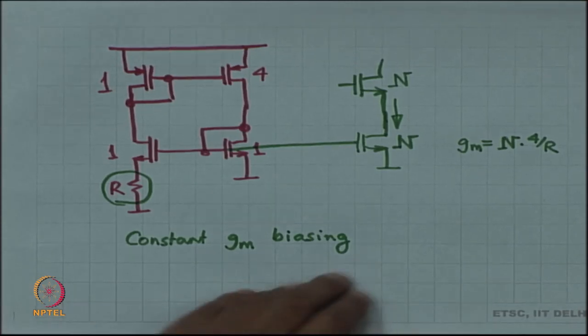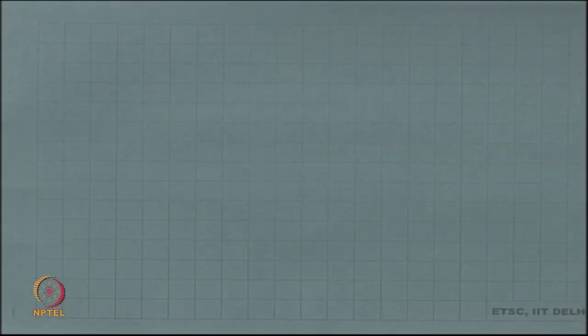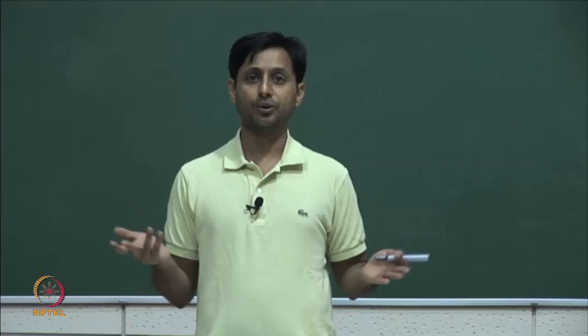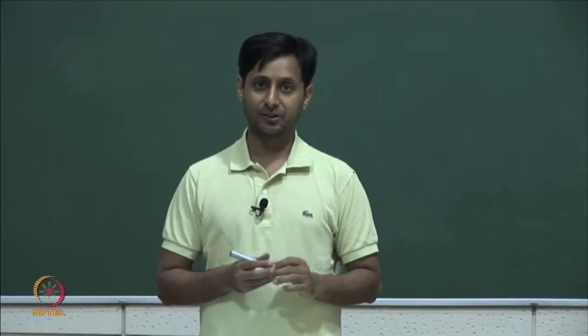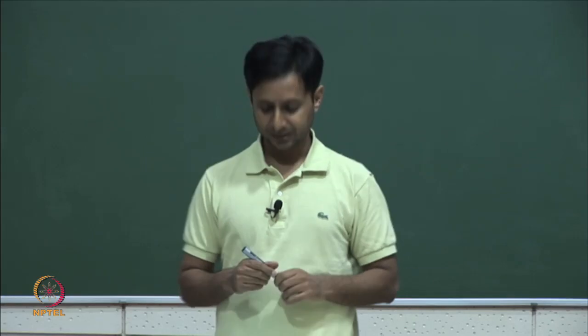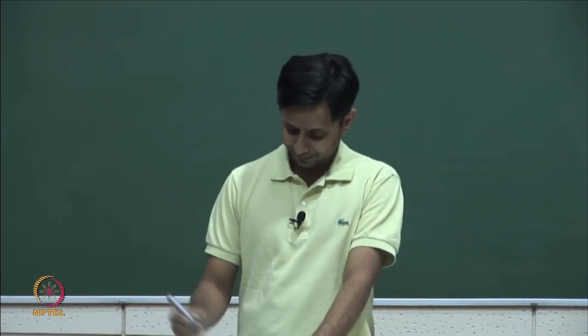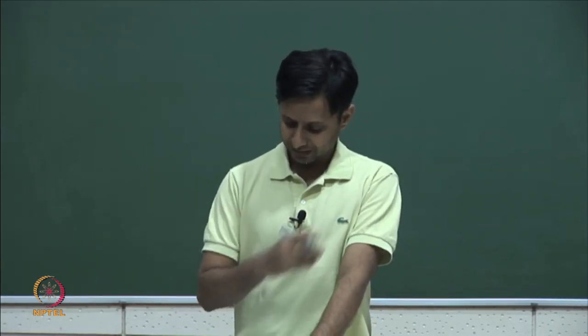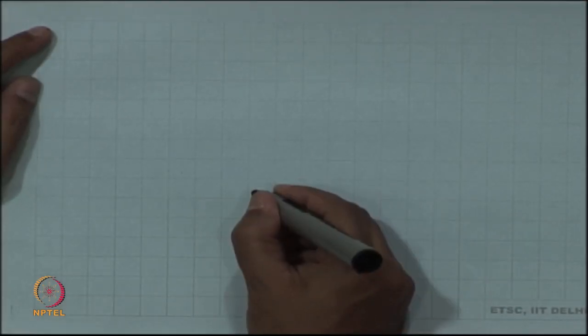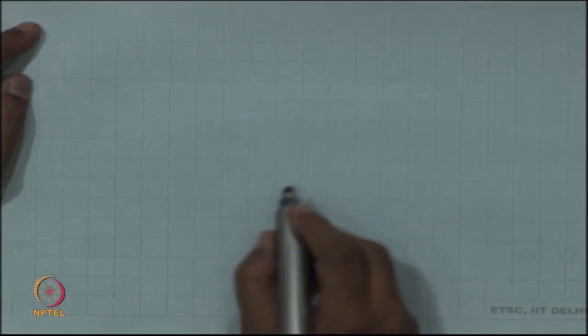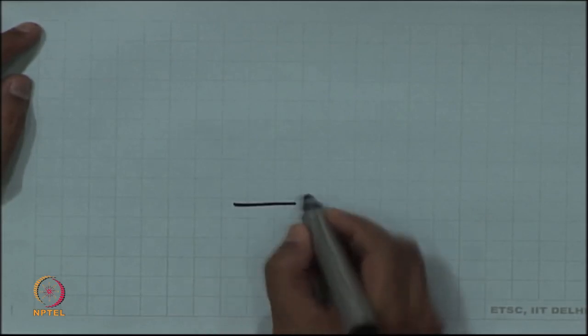Okay. So, let us see how. I mean, how do you bias a circuit using current sources and current mirrors, right. So, for example, a few sessions back, we were working on a cascode amplifier, remember.